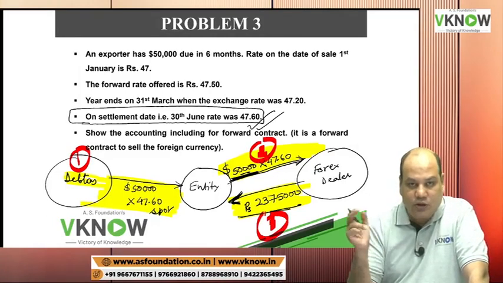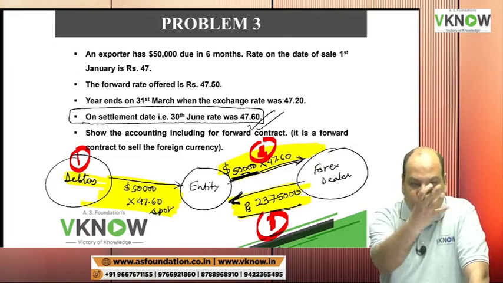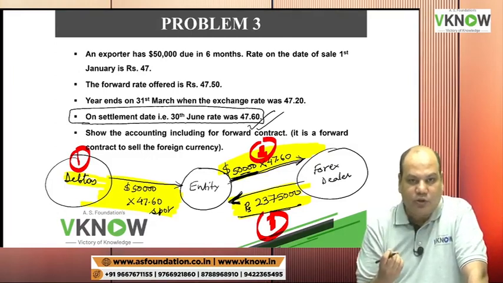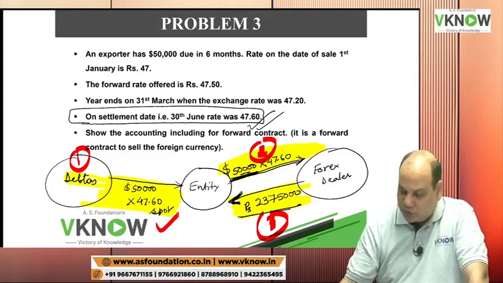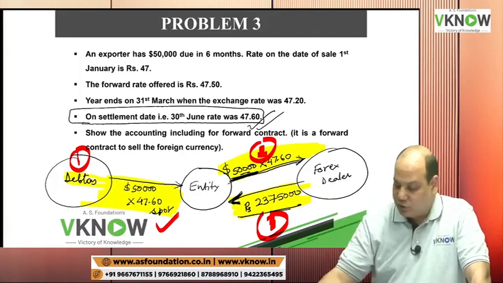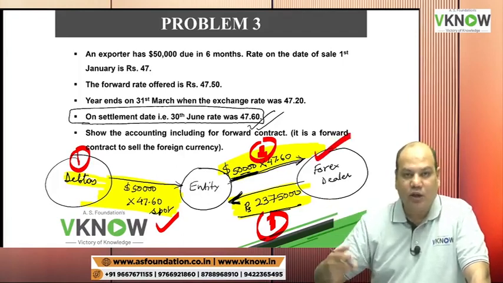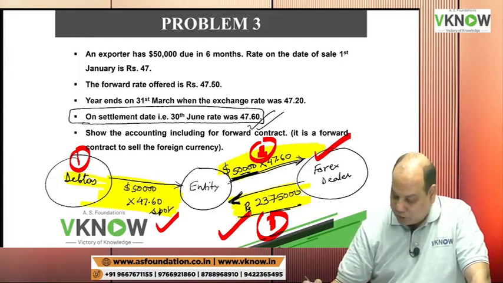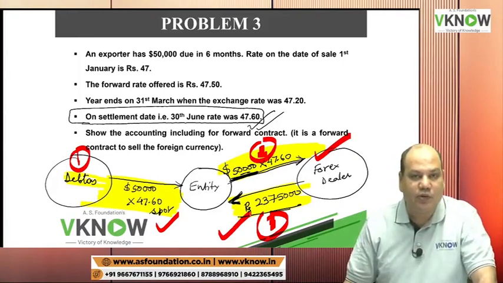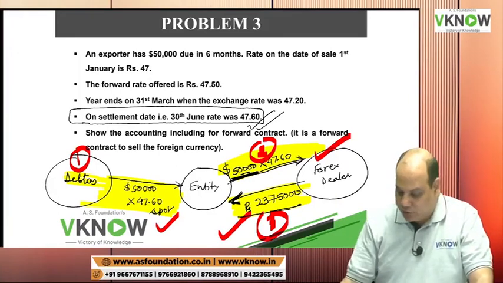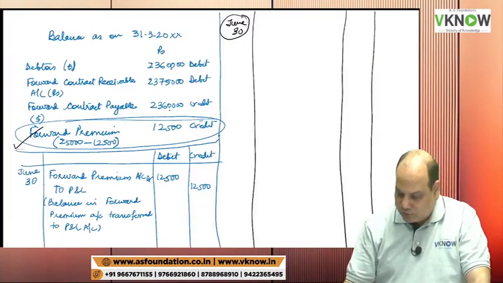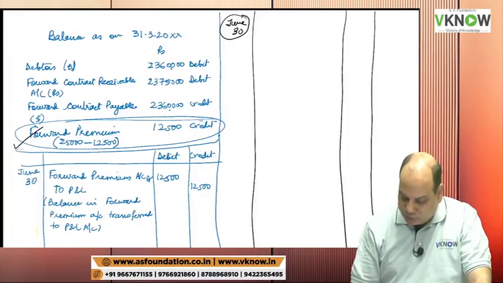There are three transactions which will happen. Debtor will pay $50,000, entry for that. I will pay $50,000 to Forex dealer, entry for that. Forex dealer will pay me 23 lakh 75,000, entry for that. So let us come back. It's very easy. Don't worry.